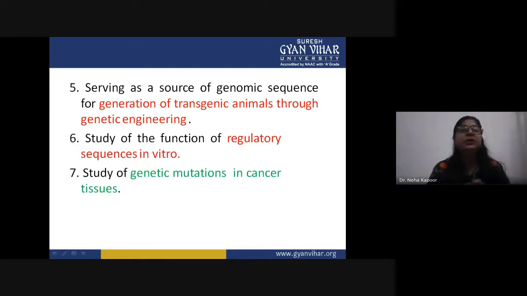If you want to study mutations, how a particular gene has evolved, whether there are mutations and whether those mutations are responsible for disease progression, that means we can study many kinds of genetic mutations responsible for cancer happening in different kinds of tissues. So these are the main applications that a genomic DNA library is used for.